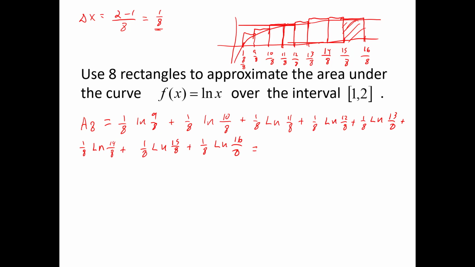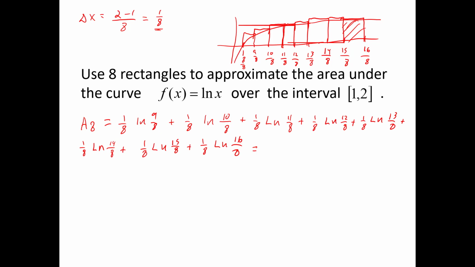Don't forget your parentheses, plus the natural log of 11 divided by 8 plus the natural log of 12 divided by 8 plus the natural log of 13 divided by 8 plus the natural log of 14 divided by 8 plus the natural log of 15 divided by 8 plus the natural log of 16 divided by 8, or 2.